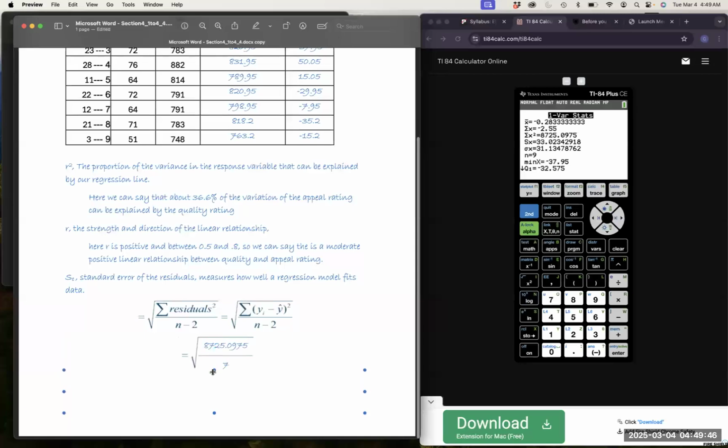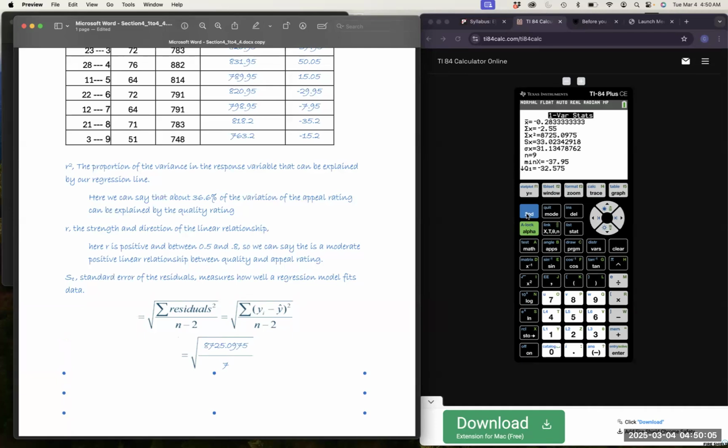So I put that in. I'm going to use my calculator to do it. I have the 8,725.095, and I divide it by 7, because here my n was 9, and so 9 minus 2 is 7, and I'm going to type that into my calculator. You could do it really in one swoop.